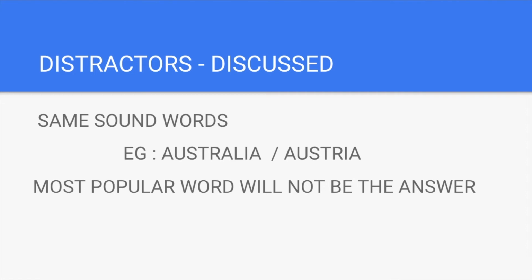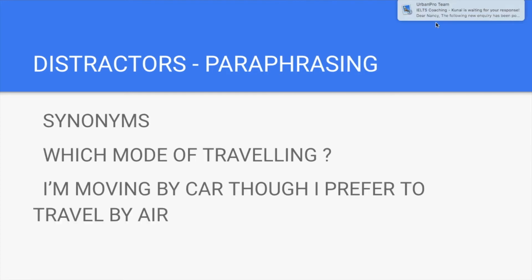And sadly, most of the time the popular name will not be the answer. So while you are listening, listen to the word very carefully and write the word. Never go for a second thought, like, okay, Austria may not be a popular country, let me go for Australia. No.